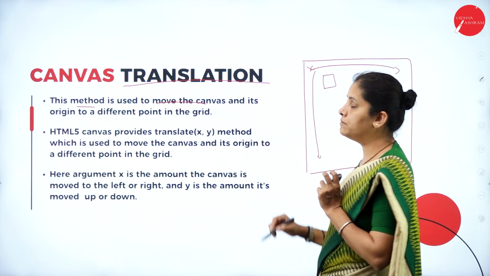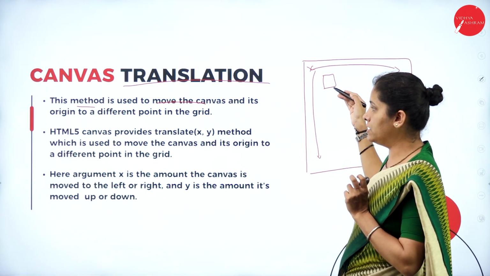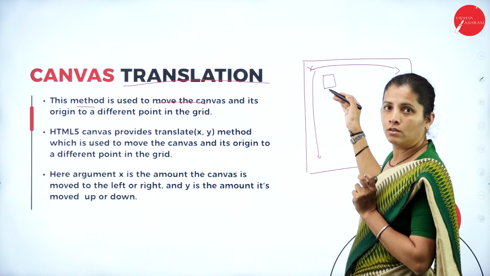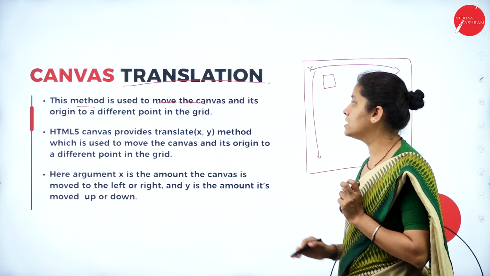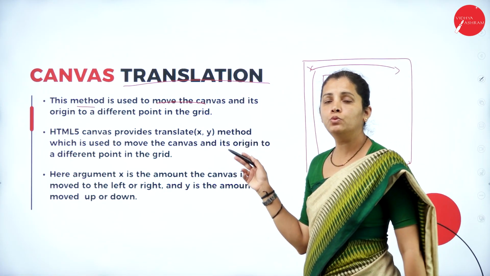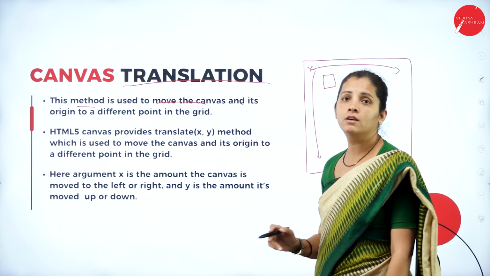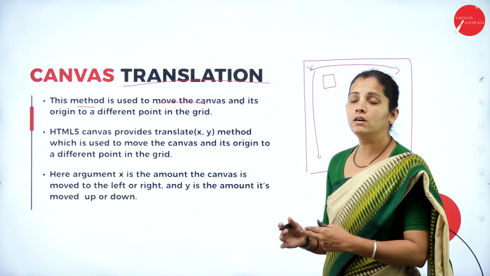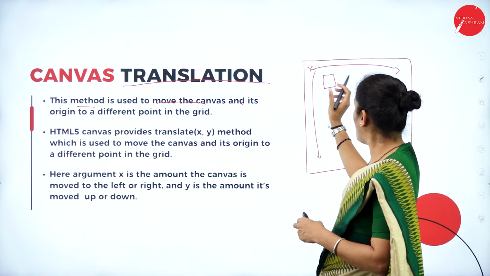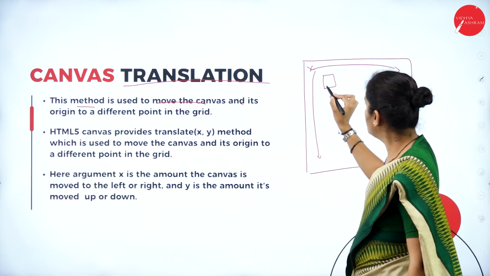This is my canvas. If I want to move the canvas, then I'll use the translation. It is used to move the canvas and its origin to a different point in the grid. So this is my origin.